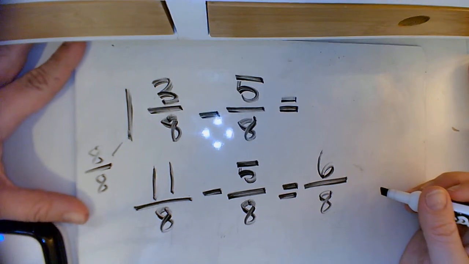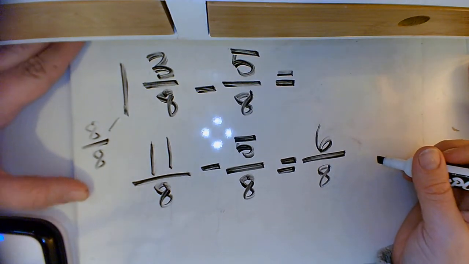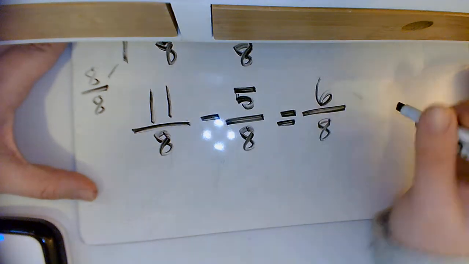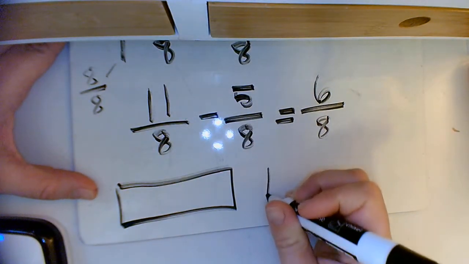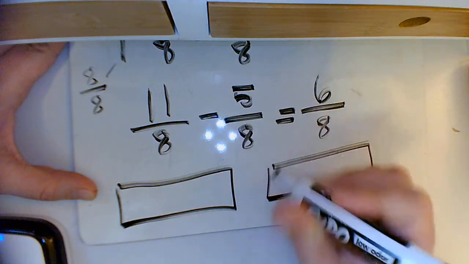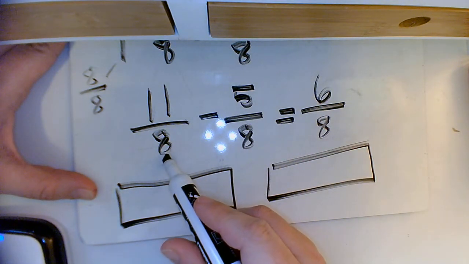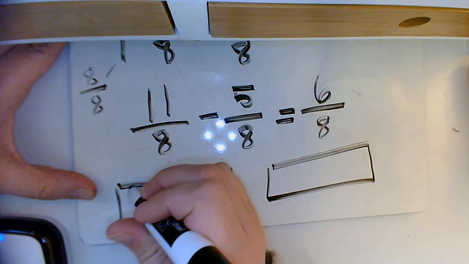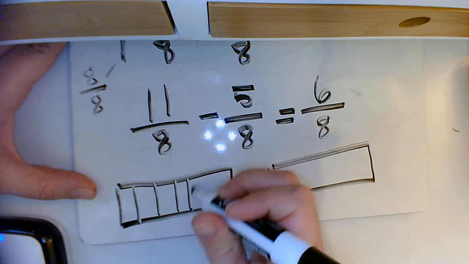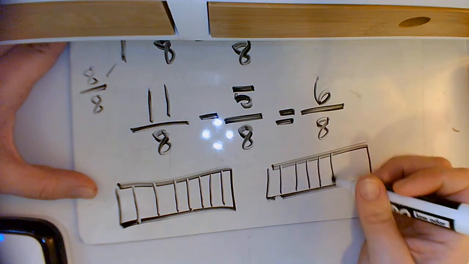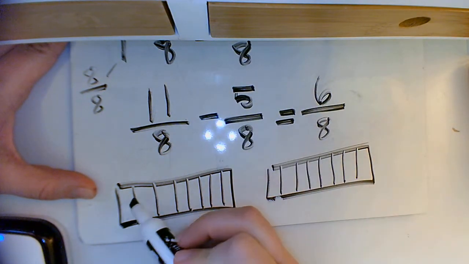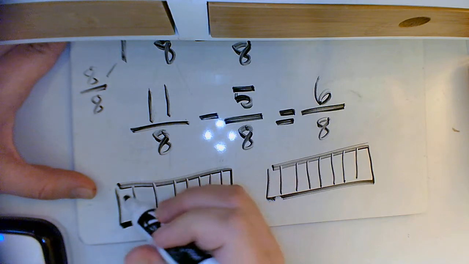Okay, if you want to use that tape diagram to help you solve, we're going to need 2 because we have more than one that we're representing. We're working with 8, so we're going to break it into 8. And then we have 1 whole.